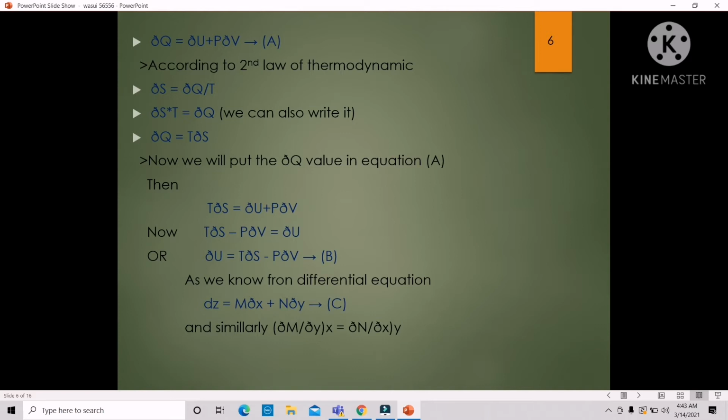As we know from differential equations, which we have already learned, similarly we can make the Maxwell equation: the change in M with respect to change in y, where x is constant, and the change in N with respect to change in x, having y constant. This kind of formulation is used in differential equations, and it is one of the differential equations that is used in all four equations.